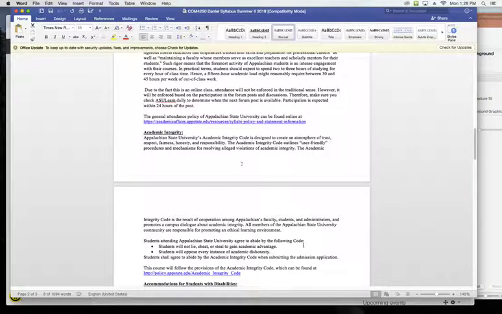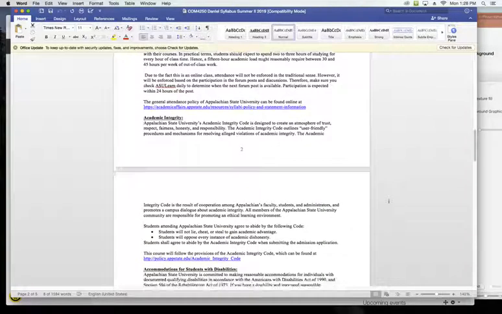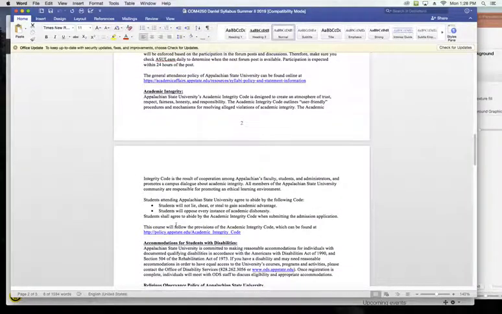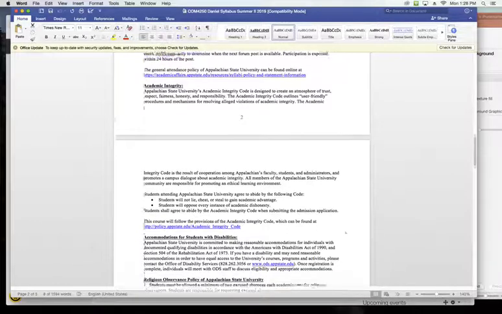Basically, if you cheat, I'm going to look into catching you and making sure that you have a 0 for that particular assignment, as well as not being allowed to participate anymore in this course. So please don't cheat. I think that goes without saying, but if you need any help with this, there are the provisions here in the App State Integrity Code.